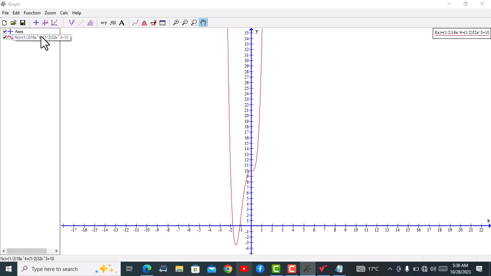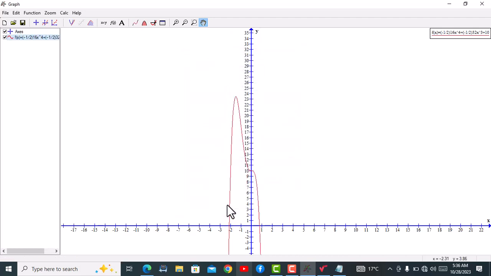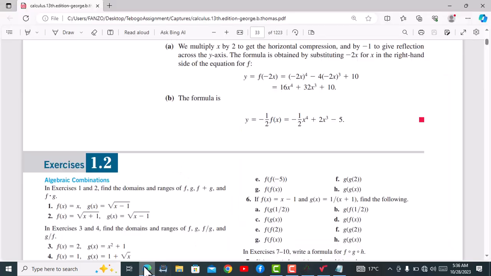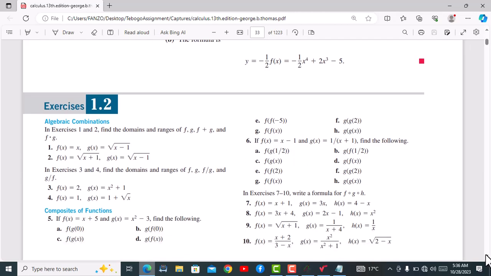Now I want to reflect along the x-axis. It has to come to this side because this is the x-axis. So I am placing my negative there, and I'm placing my negative there, and let's check. You see, it was reflected along the x-axis.